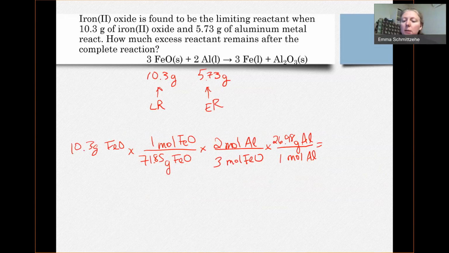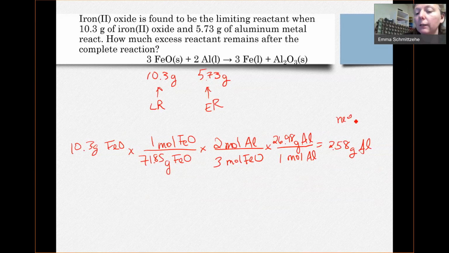So let's see, 10.3 divided by 71.85 times 2 divided by 3 times 26.98. That gives me 2.58 grams of aluminum.